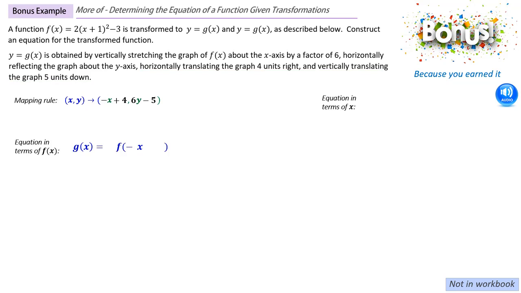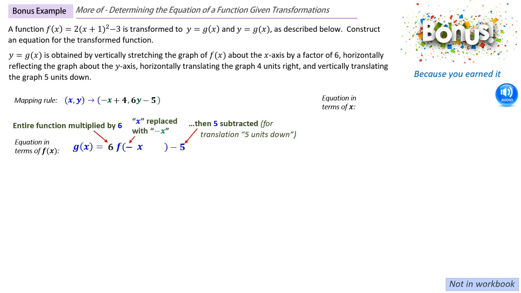Now, in order to write this in terms of f of x, we need to determine our parameters. The vertical stretch gives us a coefficient of 6. We will subtract 5 at the end outside of the brackets because of our translation. Our reflection replaces x with negative x, and then our translation 4 right replaces x with x minus 4.